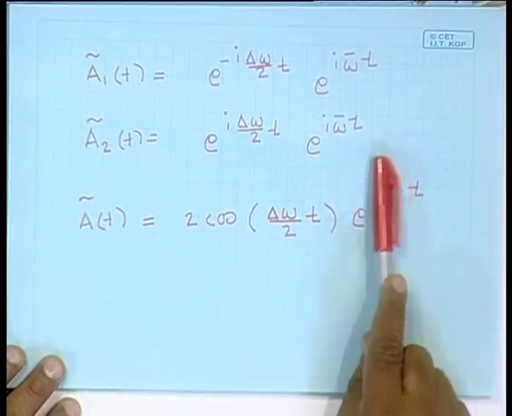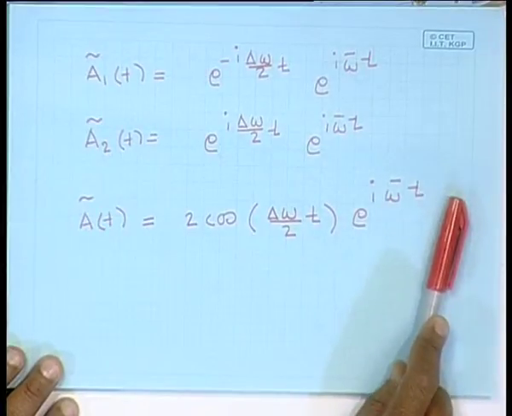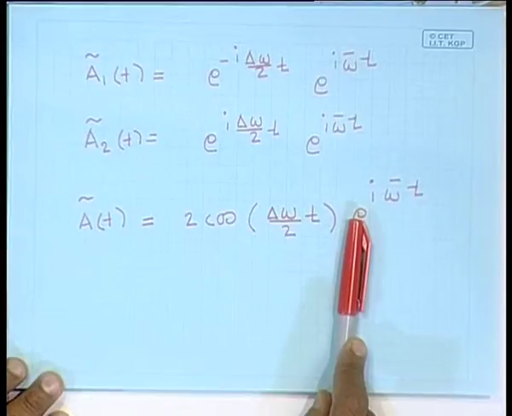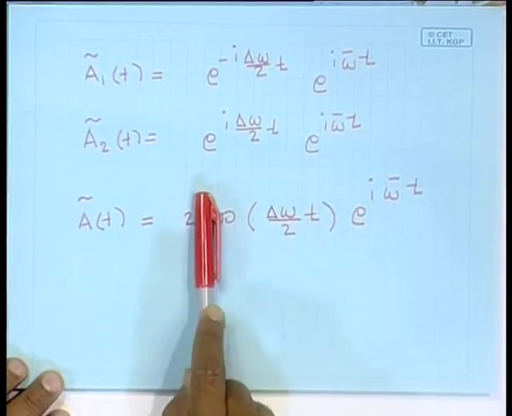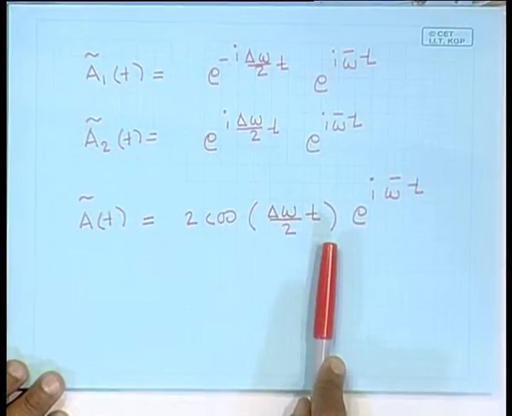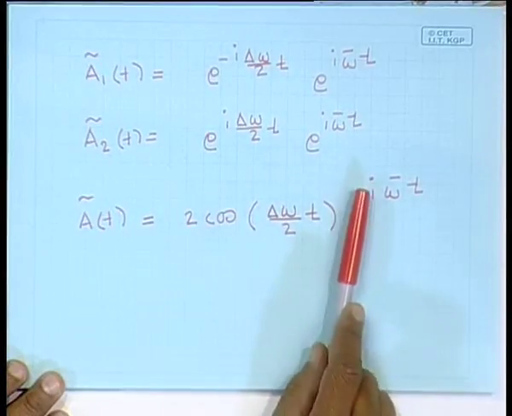We have a fast oscillation at the average frequency of the two waves. The amplitude of this fast oscillation itself oscillates slowly at the frequency which is the difference of the two frequencies.